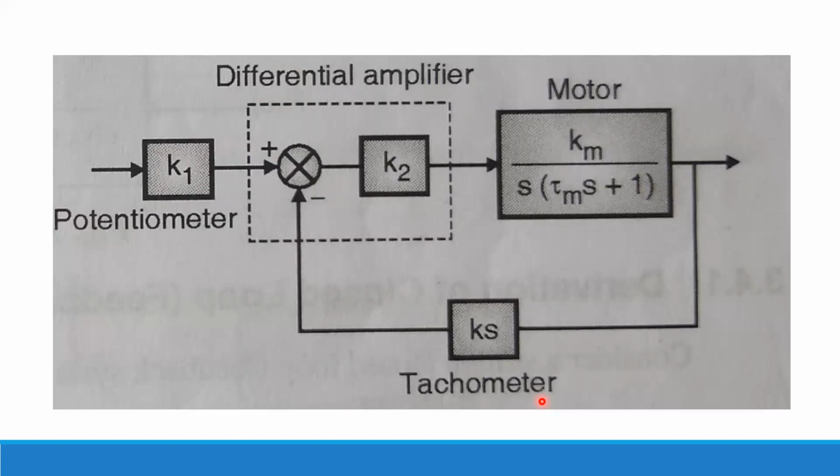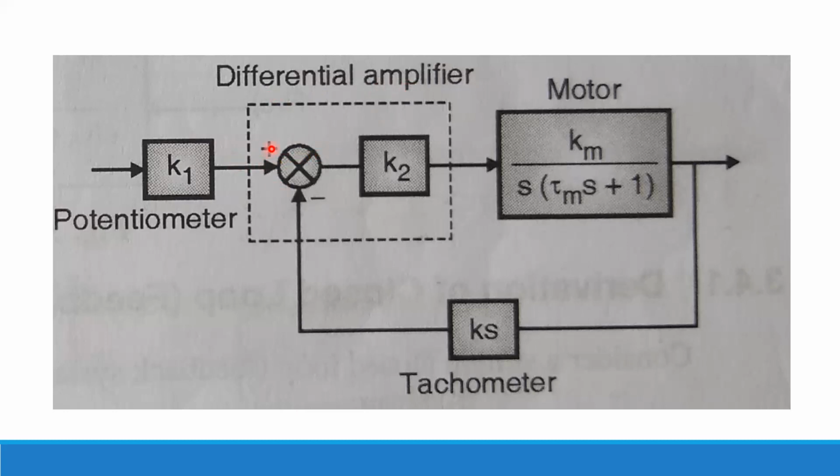Okay, let us see how the actual diagram is drawn. So this is your potentiometer. It has some input in terms of voltage. Then its output comes to this summing point, because this is a differential amplifier.